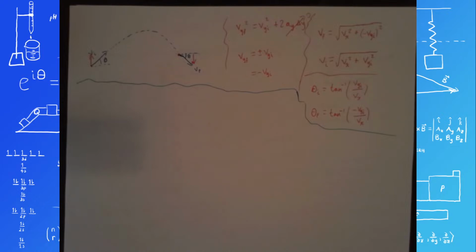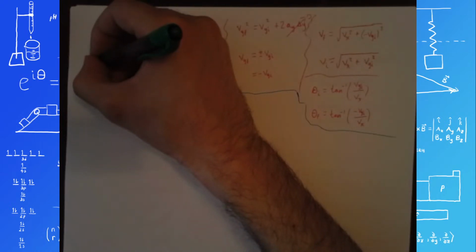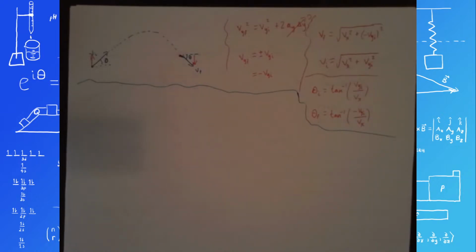The object will rise until gravity kills all of its vertical velocity and brings it down to 0, and then will continue to be in the air until gravity brings it back down to the ground, which, assuming the ground is at the same height as it was when the object was initially launched, we'll also have it coming down at the same vertical velocity.